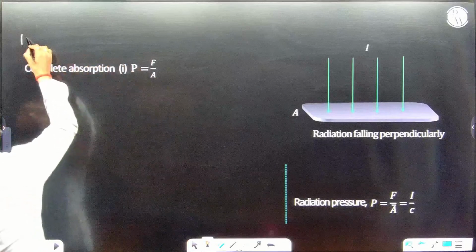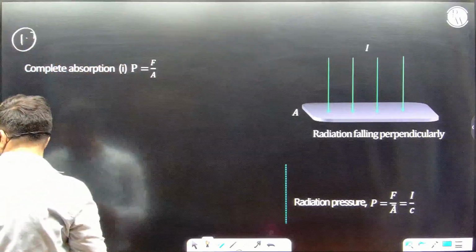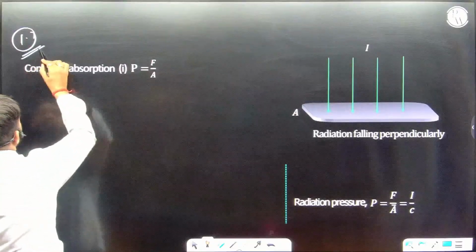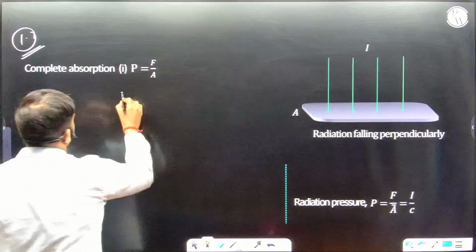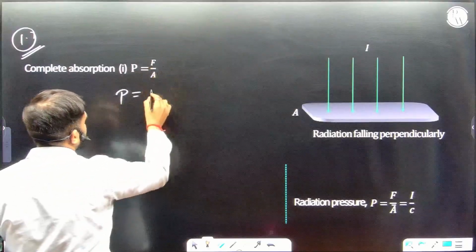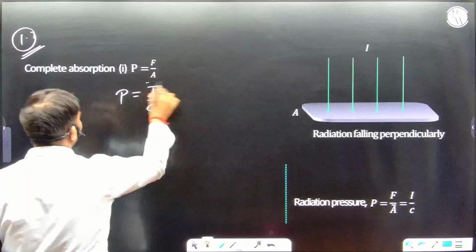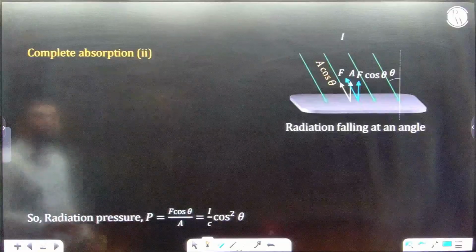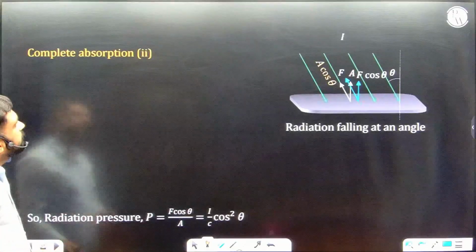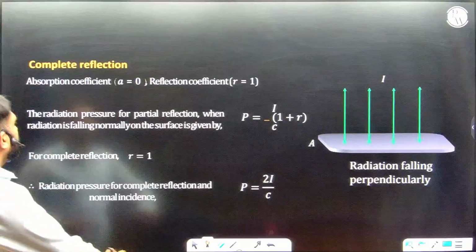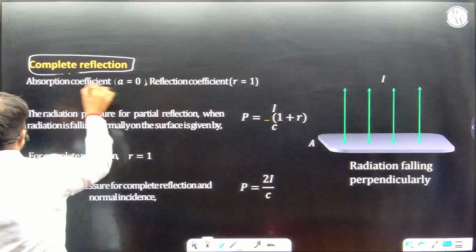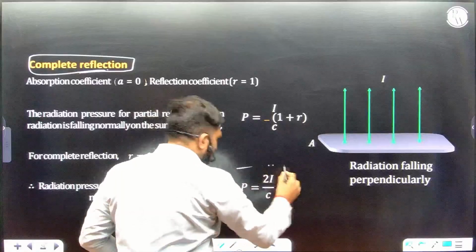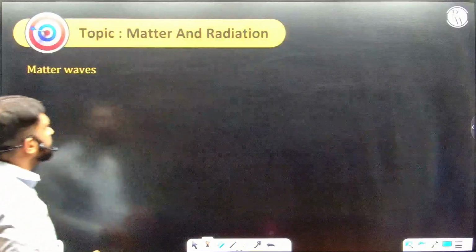So first scenario, in case of completely absorbed radiation, your radiation pressure will be F by A, and if I write it properly, it comes out to be I by c. Just remember it. Next, complete absorption we have done. In case of complete reflection, I know the change in momentum will be 2 mv, so the radiation pressure is 2I by c.